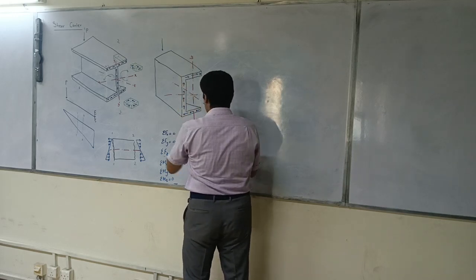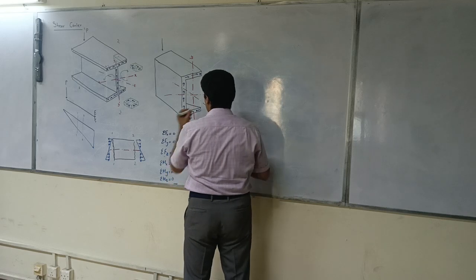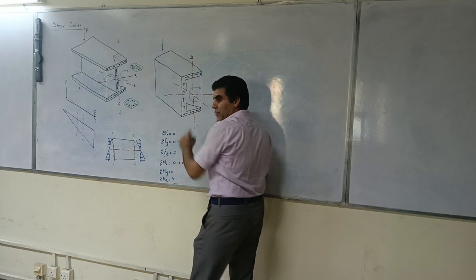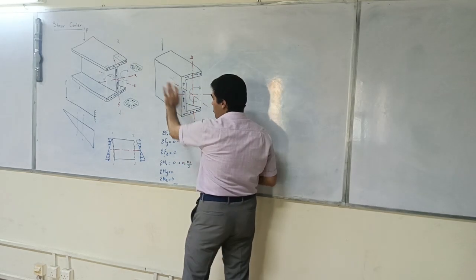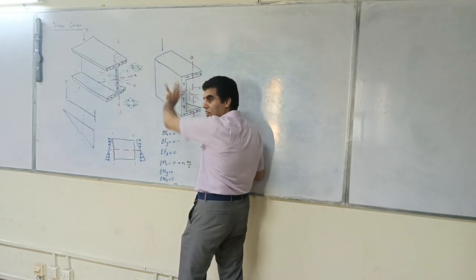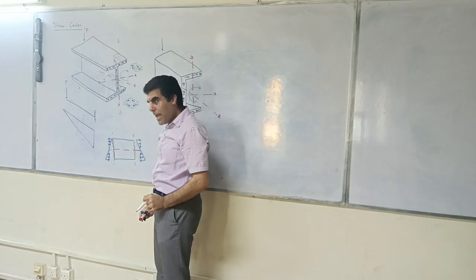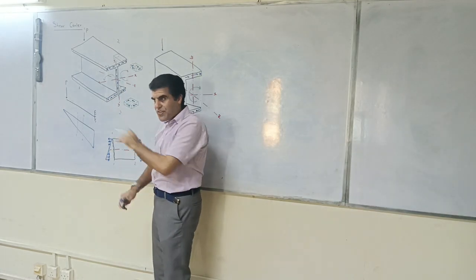Okay, so this is causing a moment about the z-axis, but there is no material to resist that moment as you had in this case. Okay, so this will twist.